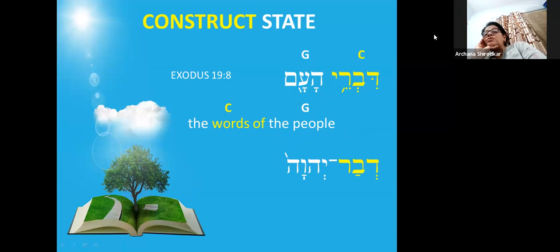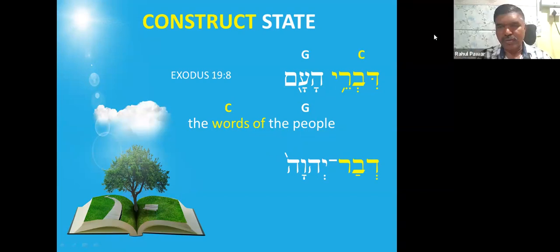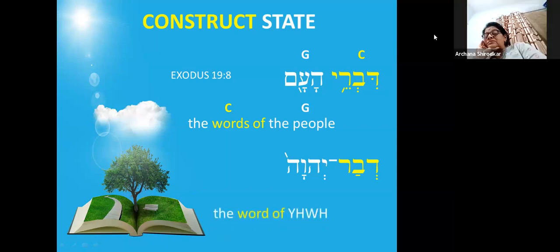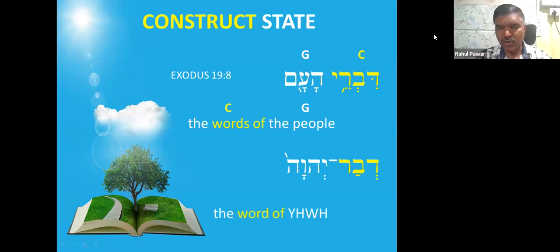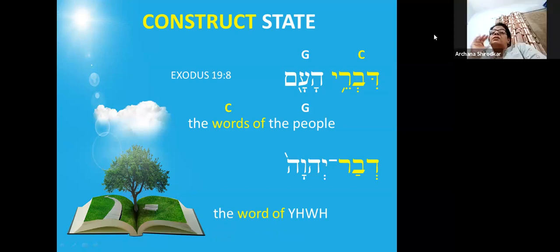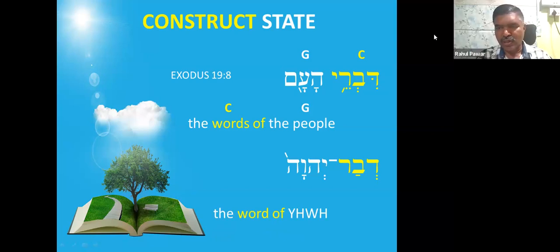The word of Yahweh. It is said to be definite because it speaks about the one and true God. Even though we have not applied the article, it is the word of Yahweh. Because Yahweh, even though there is no article over here, is said to be a proper noun. So it is definite.